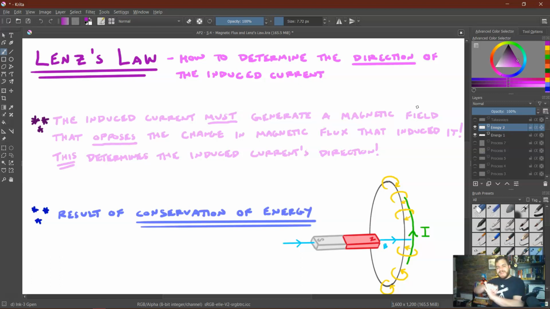And when I do work against it, I'm giving it energy, and that energy is being transferred to the charges in the wire, causing the charges to move. That energy comes from me pushing the magnet into the field. When I pull it back out, I'm having to work to pull it because the magnetic fields generated oppose that. So when I pull it, I have to give it energy. Once again, it generates currents because I'm giving those charges energy to move through the loop.